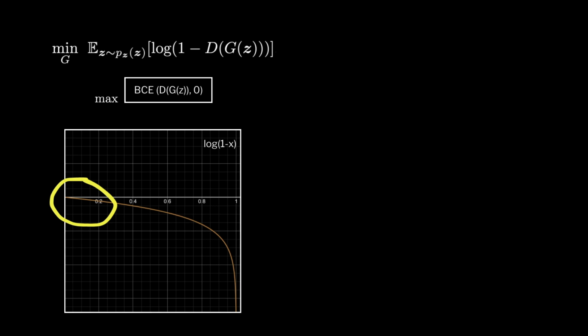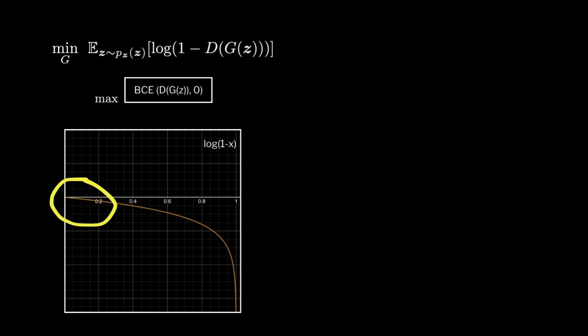But at the start of this game, the discriminator will indeed give very low probabilities for fake images, because it will easily learn to distinguish between real images and the fake nonsensical samples. And this is actually when the generator will need to improve using the gradient of this loss. But that becomes an issue because of the weaker gradients in this region.